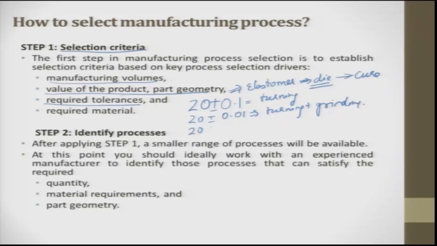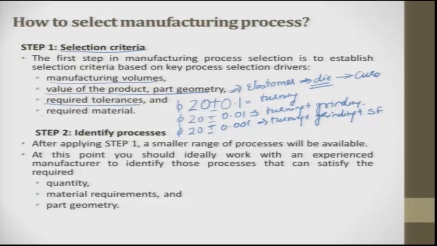If I say 20 plus or minus 0.001, I will do turning, then grinding, and then one more surface finishing process to get the output. Look at it, it is all the diameter of a shaft. So you see, only by varying the tolerance, I add processes.